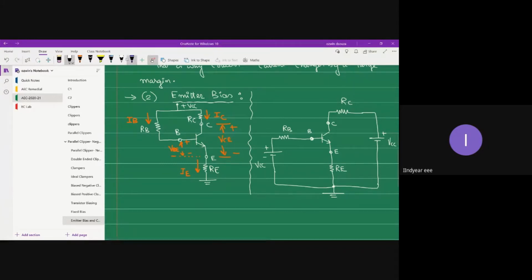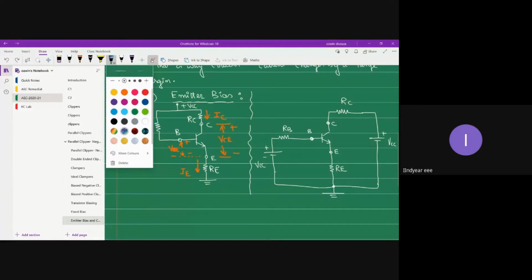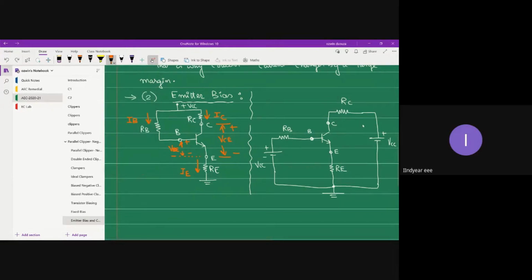All right. And now let us mark the currents. IC. This is emitter current IE, base current IB.